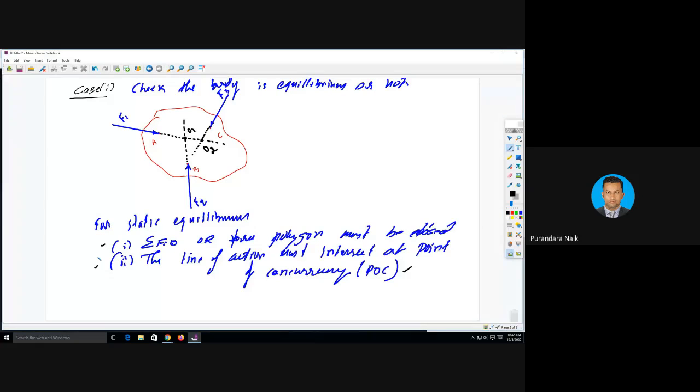The forces acting on a member are not in equilibrium as the lines of action of the forces do not intersect at one point.